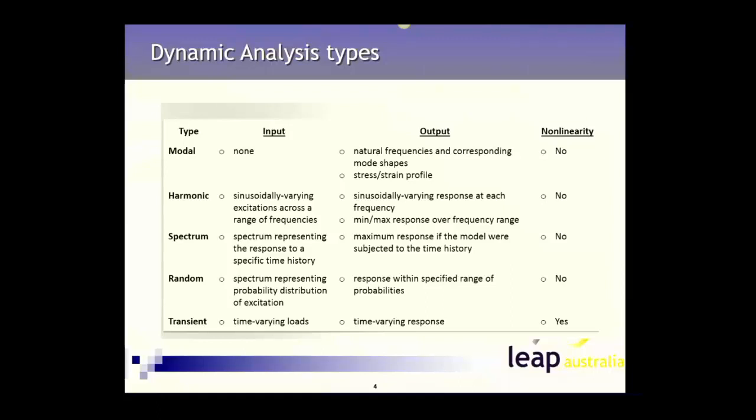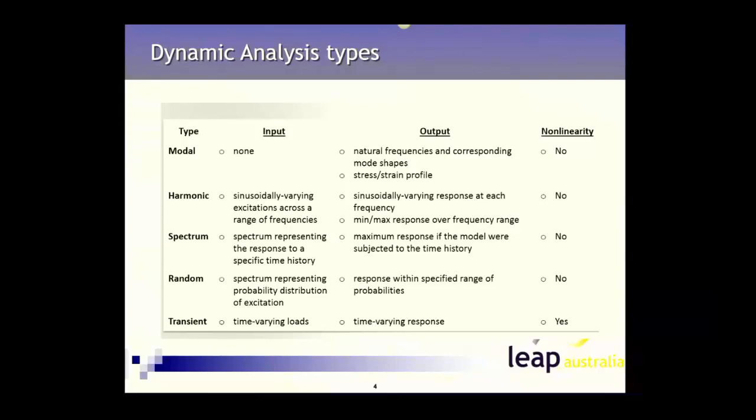So spectrum, random and harmonic can all be done using what's called a mode superposition method, where you reuse the modal analysis results. So any one of these signals, if you like, can be built up as a sum of your modal analysis results. So you can do that with transient as well, but in general, for transient events, you normally want to account for non-linearities in your model.